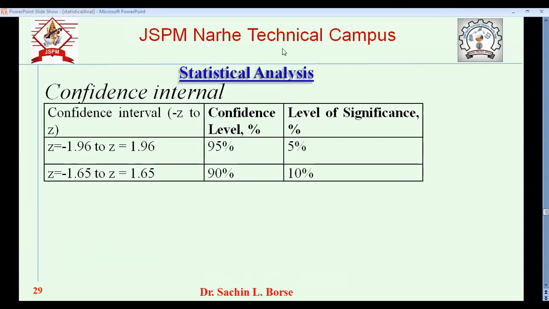In the problem, they will give the level of confidence or level of significance.